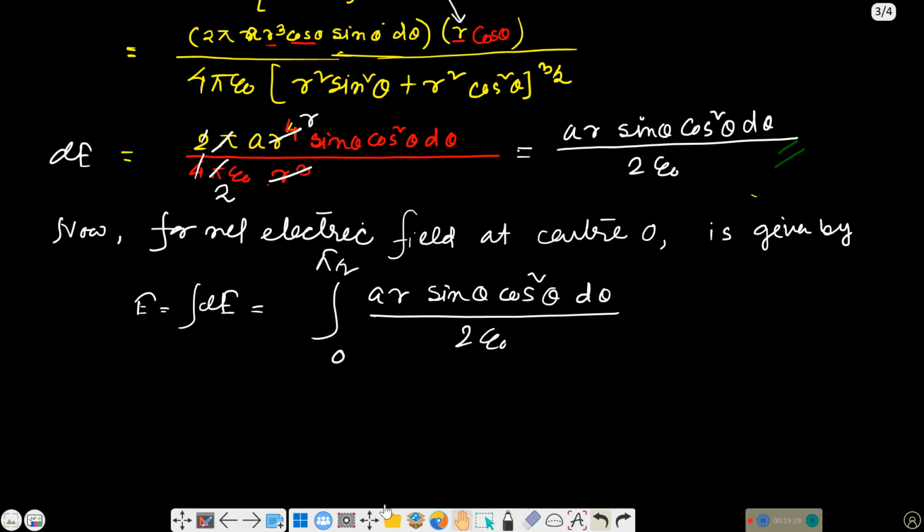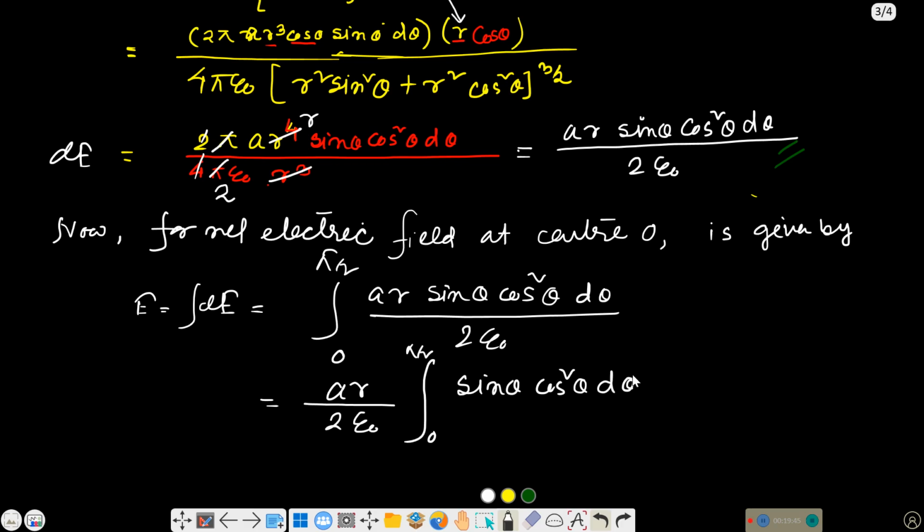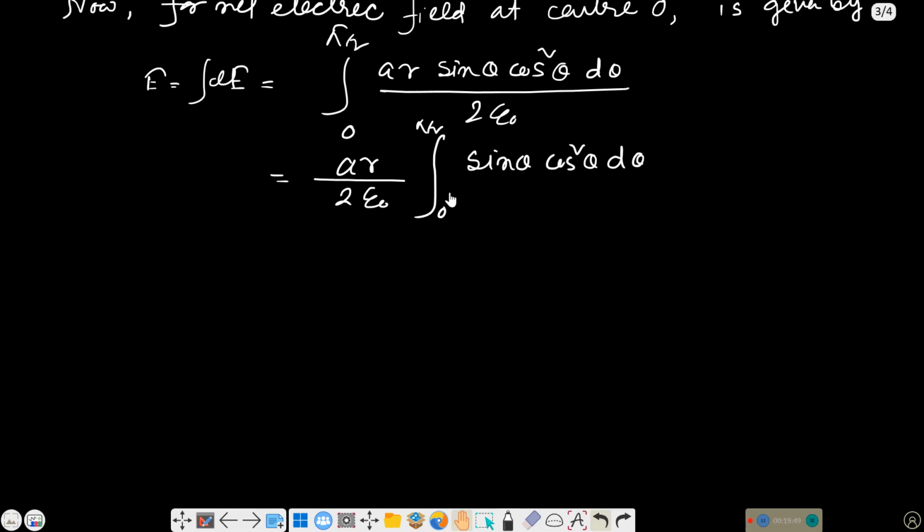So if we do this, we will get AR by 2 epsilon naught as a constant, we can bring it out, and integrate 0 to pi by 2 sin theta cos square theta d theta. Now you need to do this integration part, it is very easy.